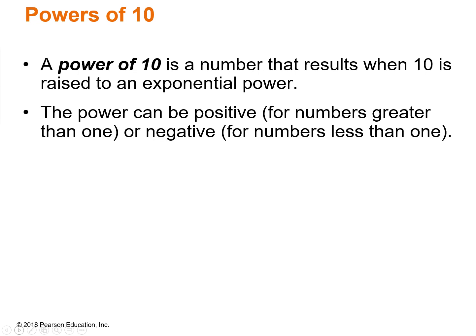We've also got powers of 10, and we're building to a concept. So don't let those exponents leave your brain. A power of 10 is a number that results when 10 is raised to an exponential power. So that can be positive or negative. So 10 to the second power is 10 times 10, right?